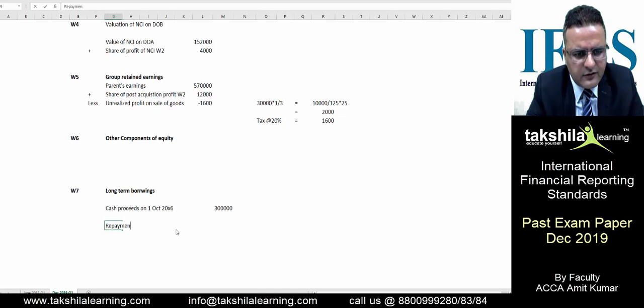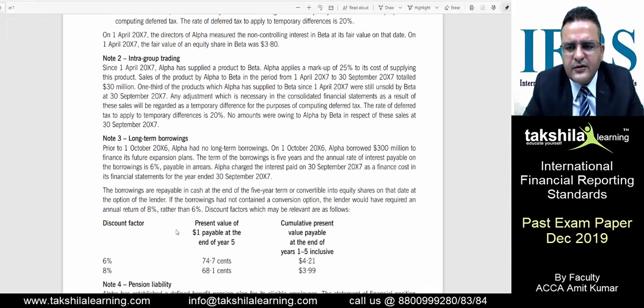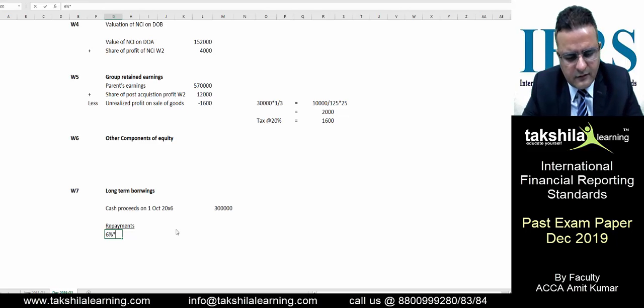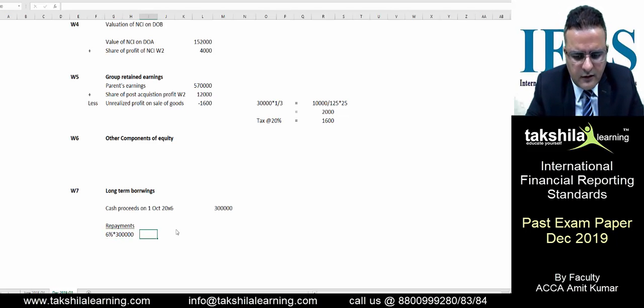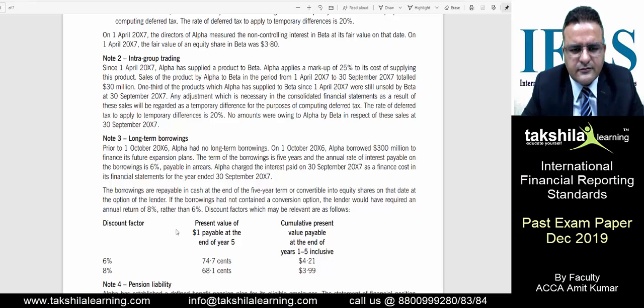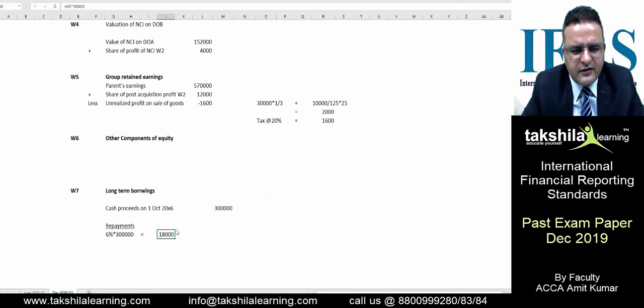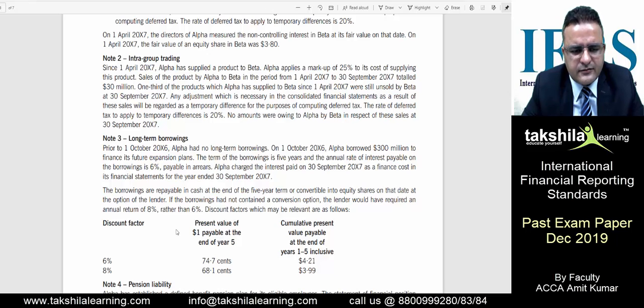The repayments are as follows. 6% of 300,000, and this will be for a period of 5 years, and the present value of all these payments over a period of 5 years is, if we take the annuity table, at market rates of interest for payments which are going to be made at the end of each year is 6% of 300,000, that is 18,000.